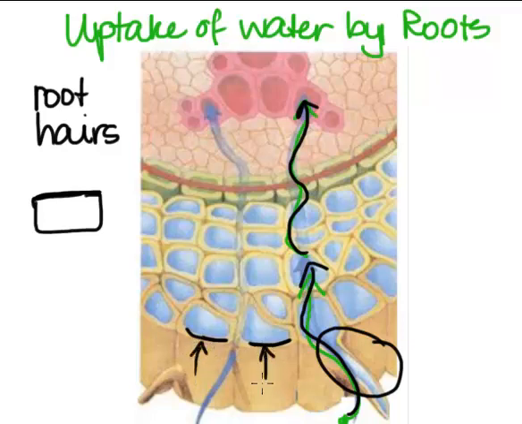absorbs water. But we can see that the surface area of this plant cell, this epidermal cell, is limited. If we try and draw it in 3 dimensions, we've only got that amount of surface area for the uptake of water.